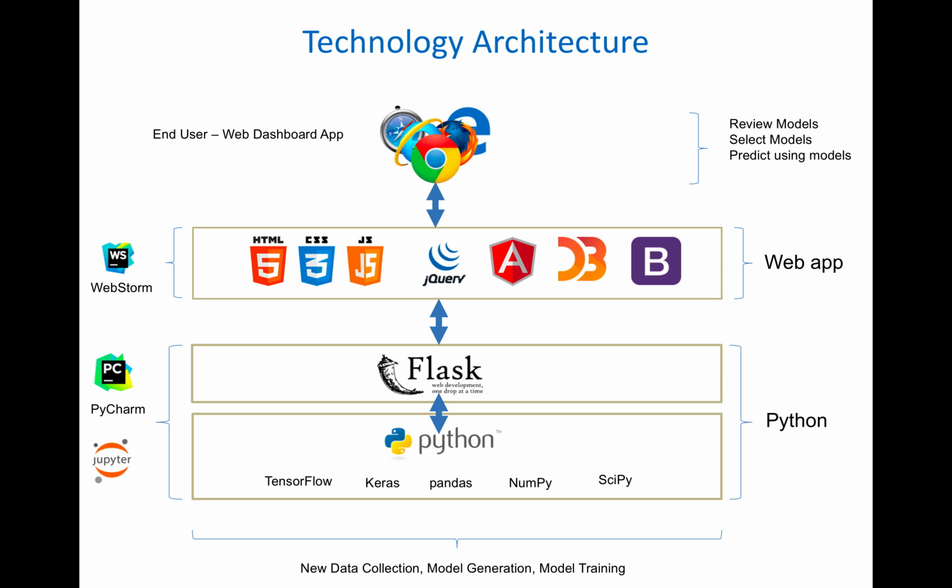To expose these models to the outside world, we have a package called Flask, which can expose calls to Keras as a REST API, and then an Angular application could call that REST API, call a predict function on a model, get the results, and show them back on a web dashboard.